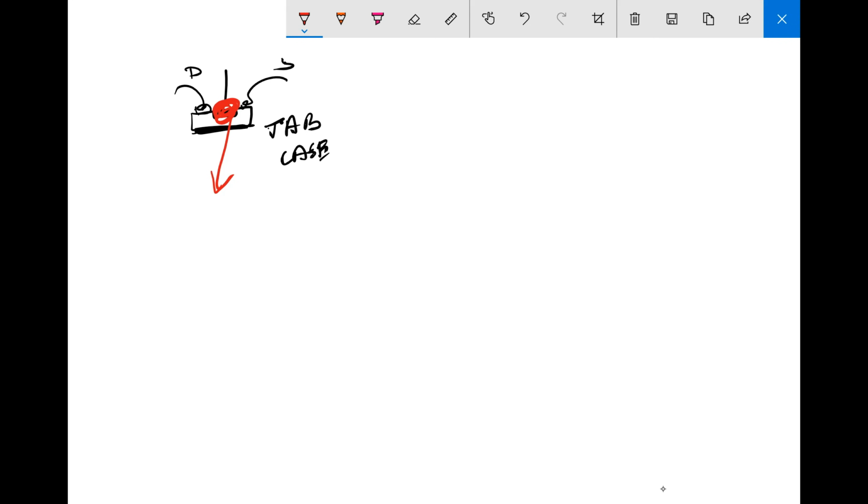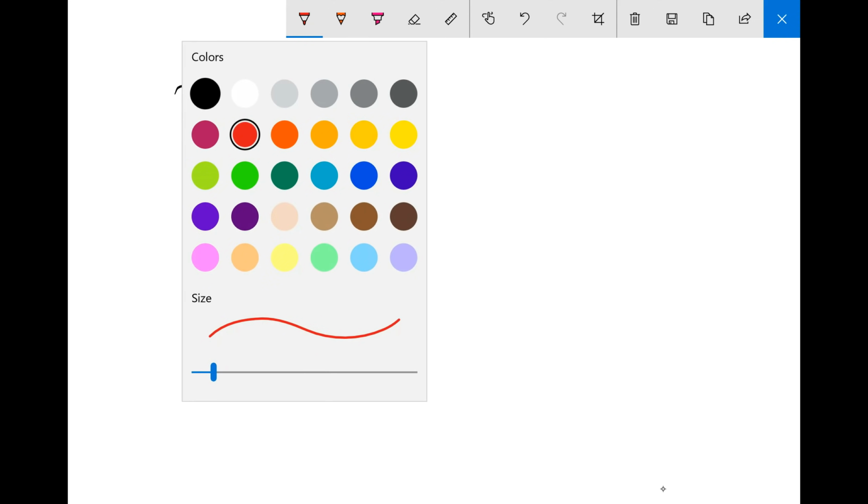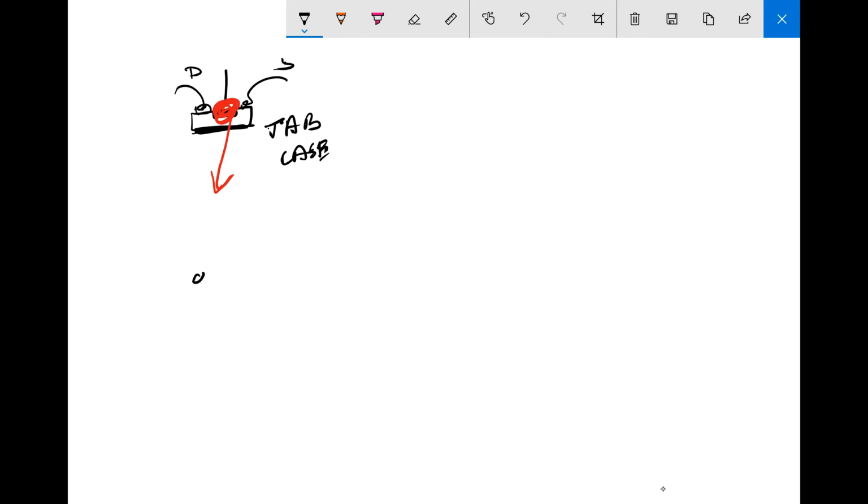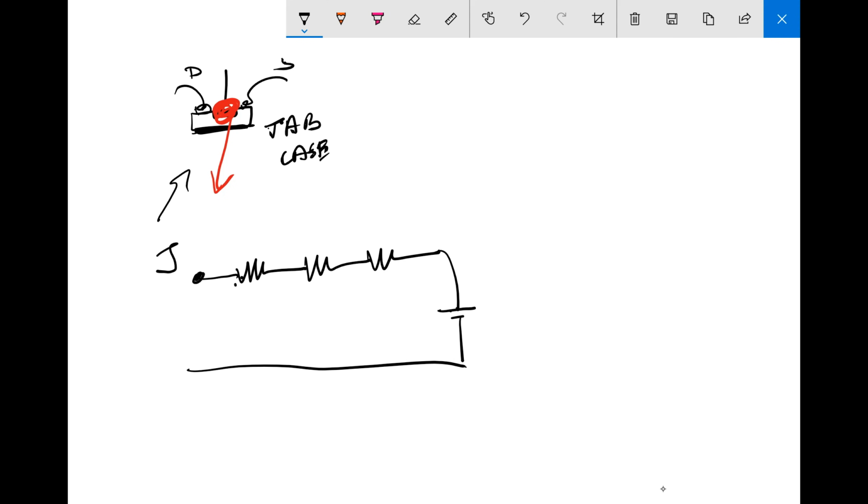Now we have a model to describe this process. It is basically very similar to Ohm's law. Here's the junction, this point here. Now we have thermal resistances and a voltage source.